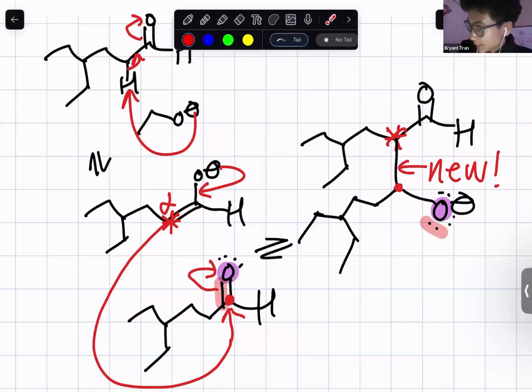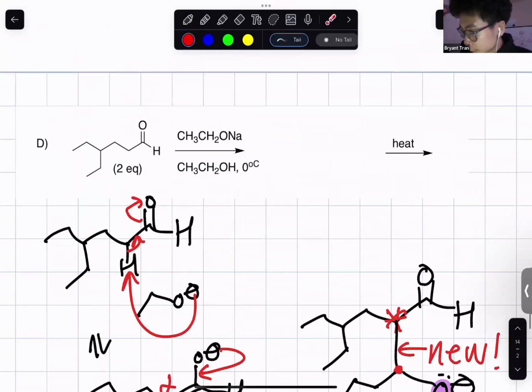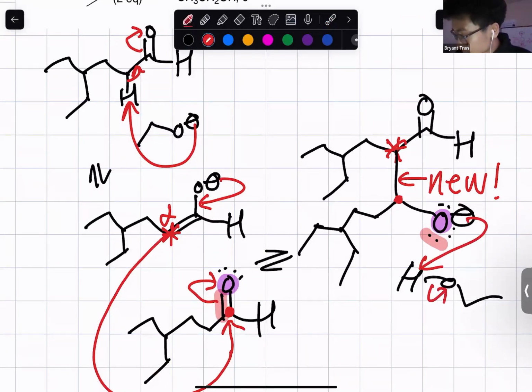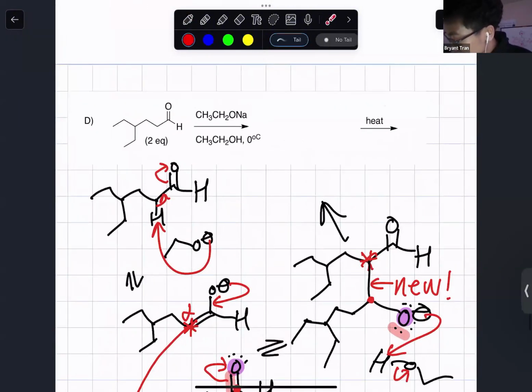Okay. Now, the next step here is to neutralize this O minus with the proton source we have. And based on the reagents, our most acidic proton source is the alcohol. This O minus here is gonna grab the hydrogen, kick out the OR minus to give us our final answer for this Aldol condensation reaction with 0 degrees Celsius, which is gonna be this right here.